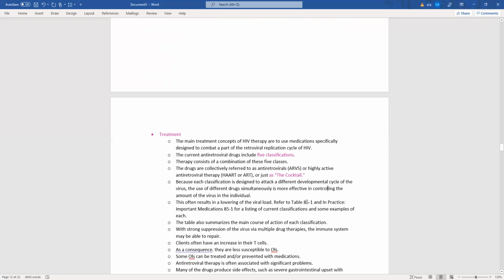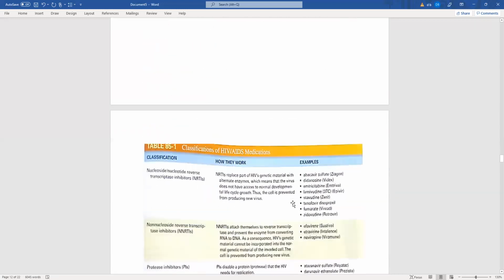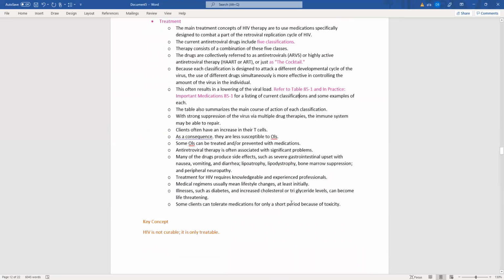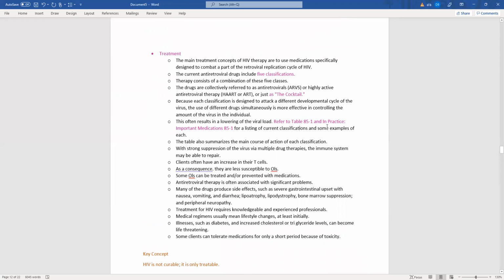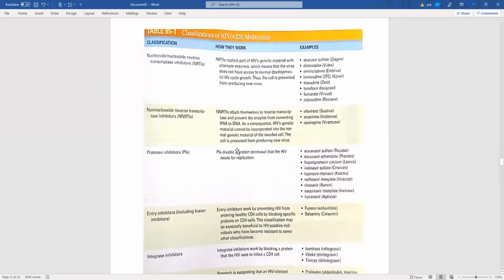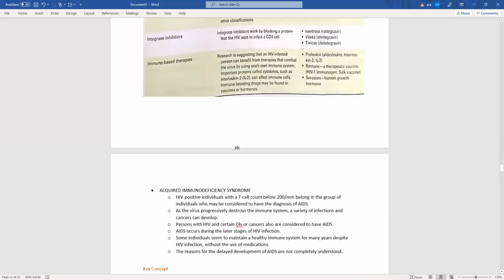Okay, so I'm right, 85-1. It says in practice. You're referring to the table and this chart right here. This chart is on page 1512.